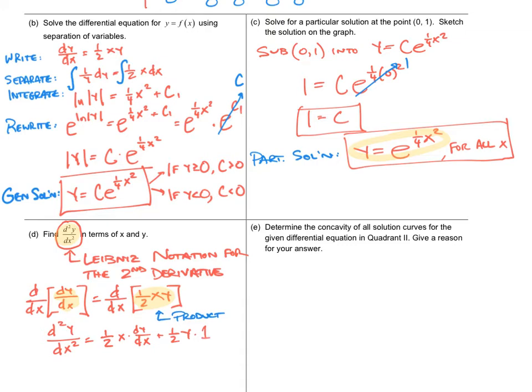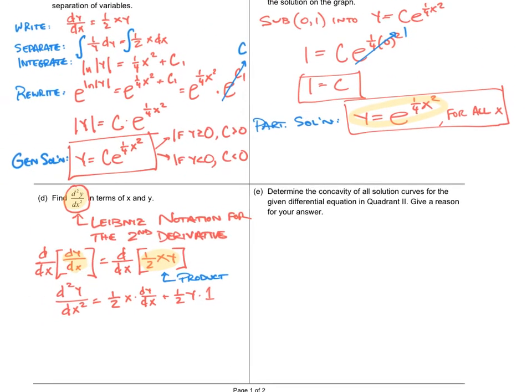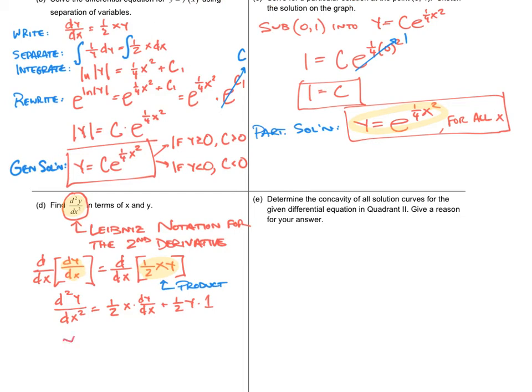So let's go ahead and simplify this here. Let's write this as, on the left-hand side, y double prime equals 1/2 x times y prime plus 1/2 y. Now, in this form, it is correct, but it doesn't meet the requirements of the problem. The problem says write the second derivative in terms of x and y. So I need to substitute back in my expression for y prime, and that's from the original differential equation.